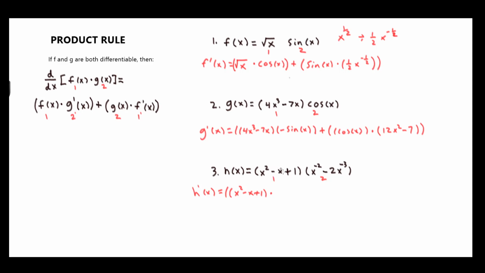Now we're going to multiply that by the derivative of our second function, which would be negative 2x to the negative third. And then since we have a negative 3 being multiplied by this negative 2 constant here, that gives us a positive 6x to the negative fourth.